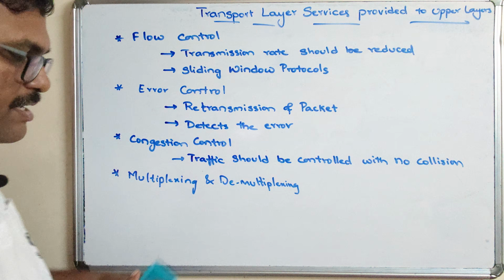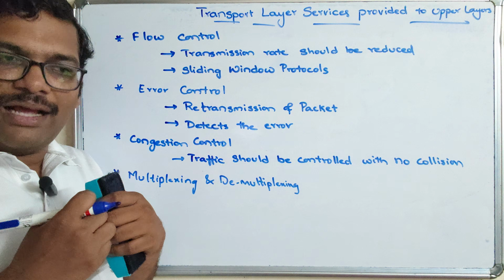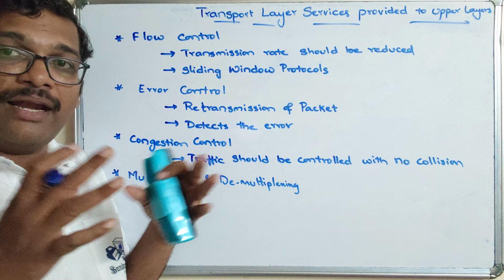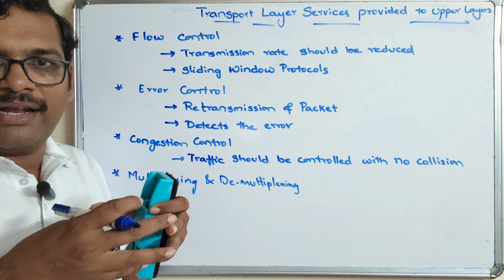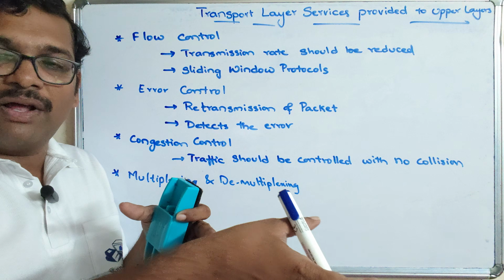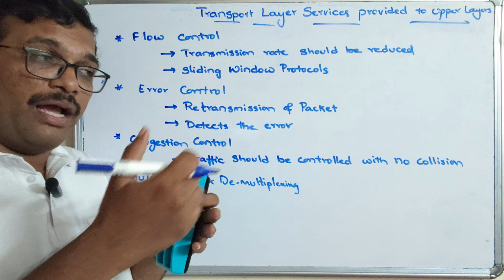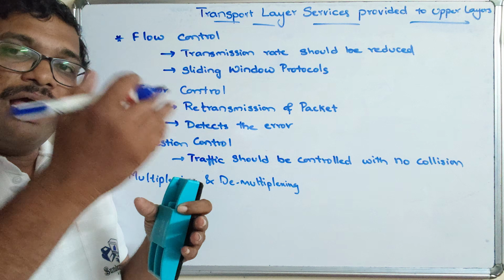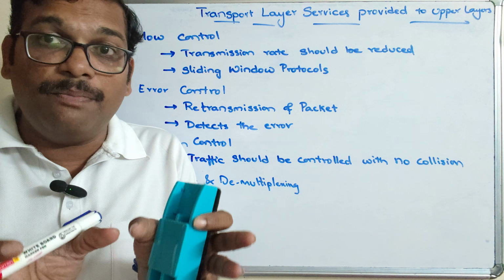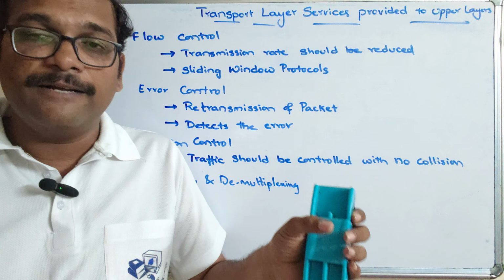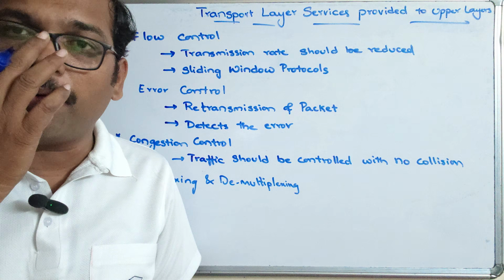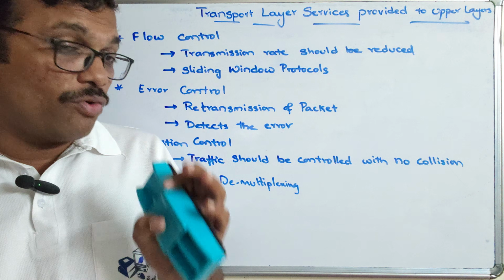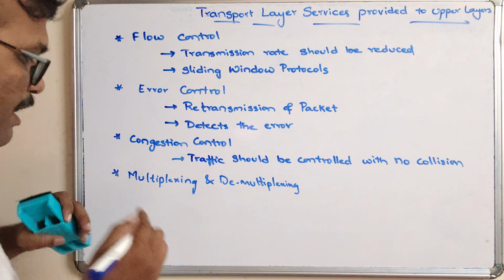In such a case, we collect the data from multiple applications, form a single data stream, and send it to the receiver. On reaching the receiver, the complete data is again divided into different parts and reaches the appropriate applications. That is called multiplexing and demultiplexing.